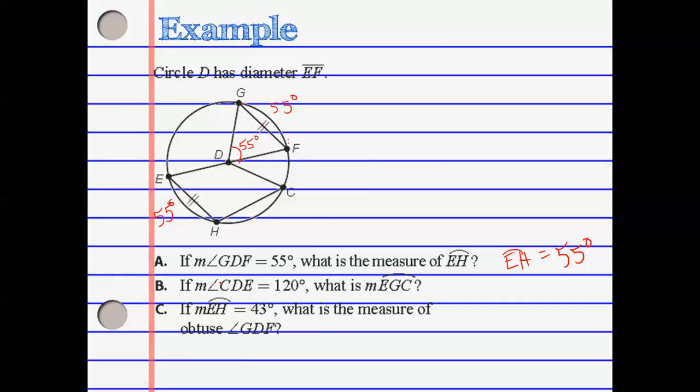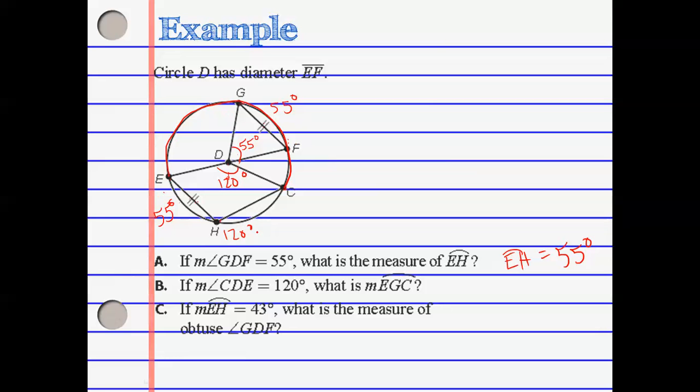Here it says if the measure of angle CDE is 120 degrees, what is the measure of arc EGC? So we're wanting to know this arc right here. If this is 120 degrees, then we know that the arc right here, EHC, is 120 degrees.